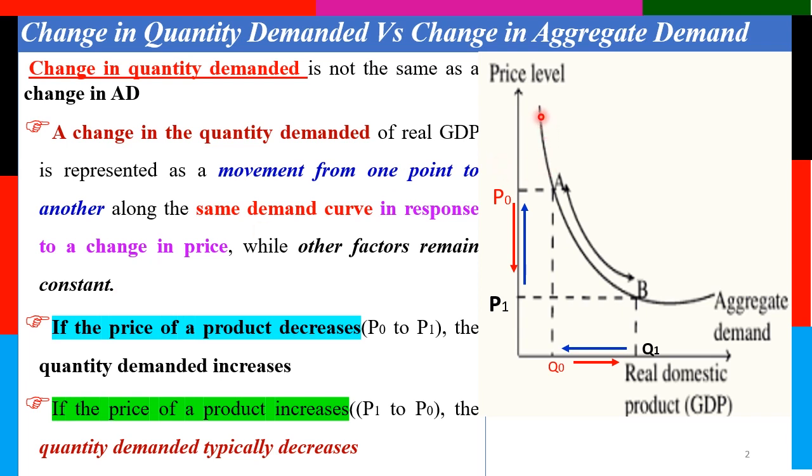We can move on the same aggregate demand curve either downward or upward, depending on the magnitude of the price.